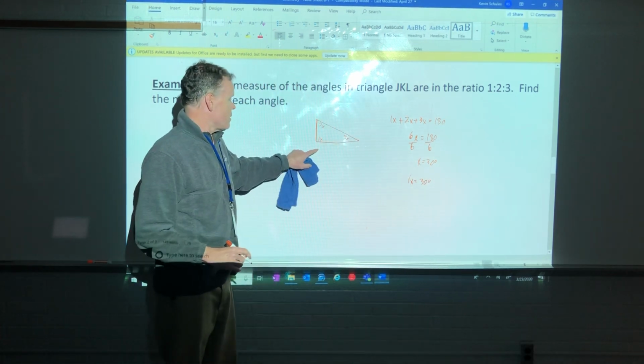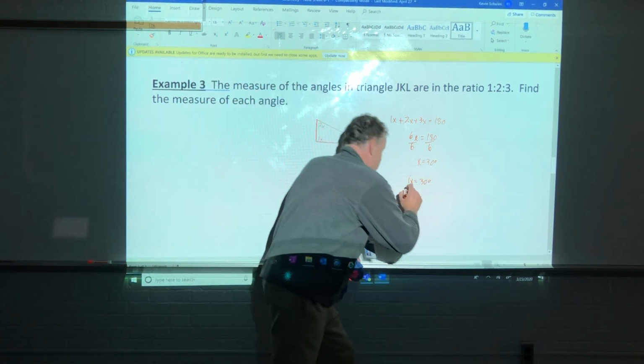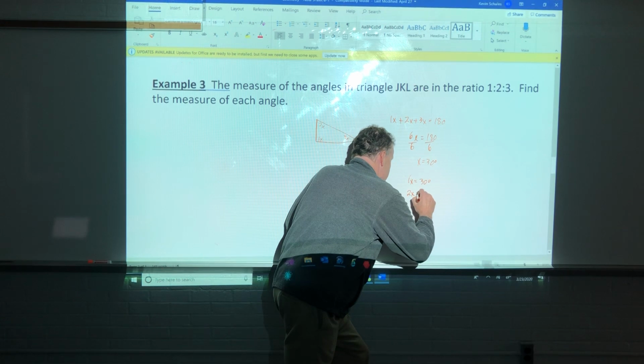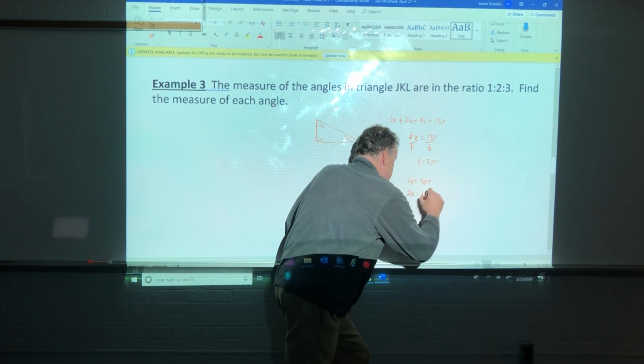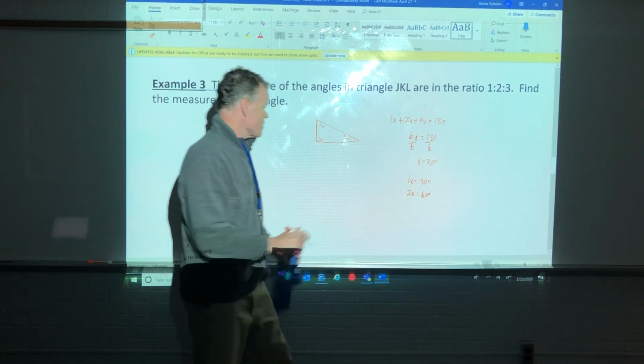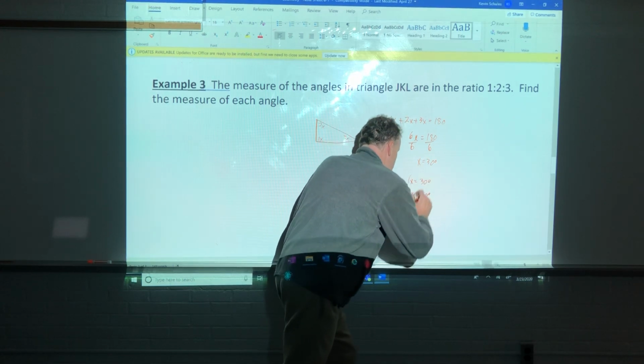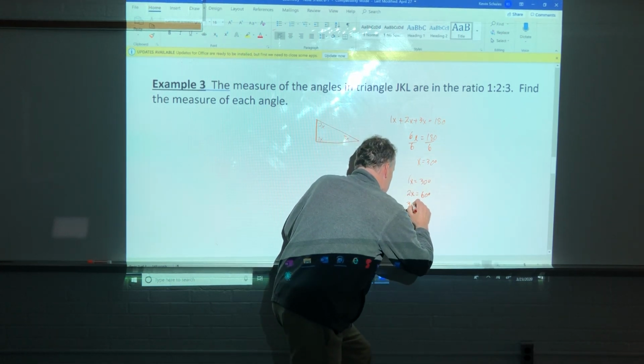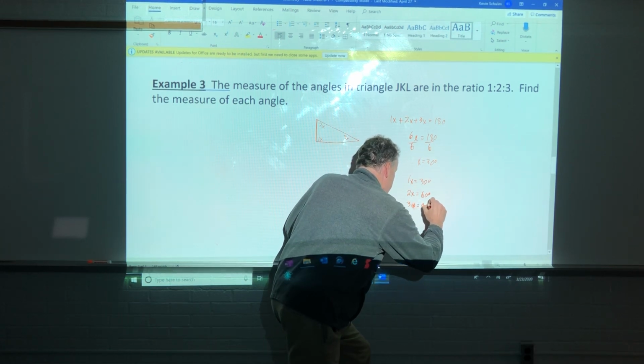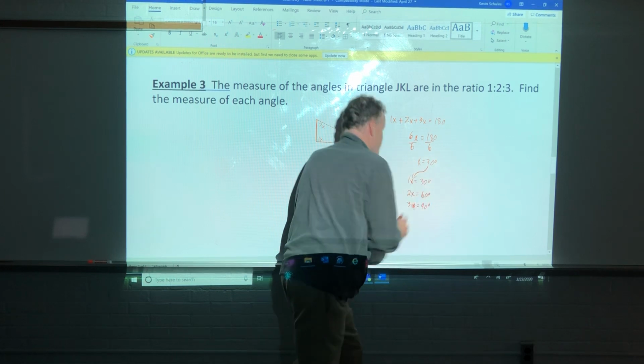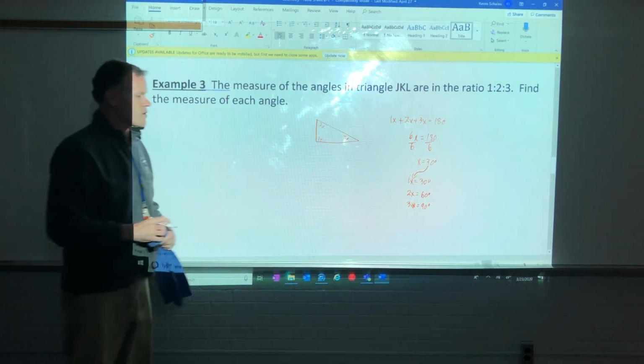Okay? 2x, obviously, is going to be 2 times 30, or 60 degrees, and then 3x, 3 times 30, is 90 degrees. And again, we're substituting in 30 for x.